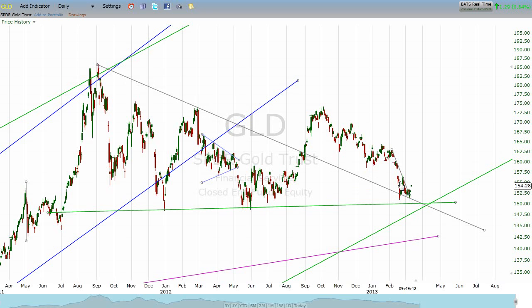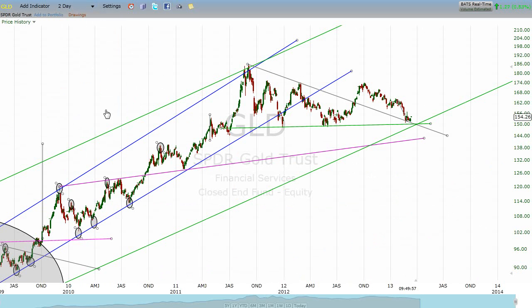We have this line that should give some support, and then we've got that larger potential channel line that is parallel to our top line up here. All of this sort of adds up in my mind that this is probably a pretty good spot to go long on gold.